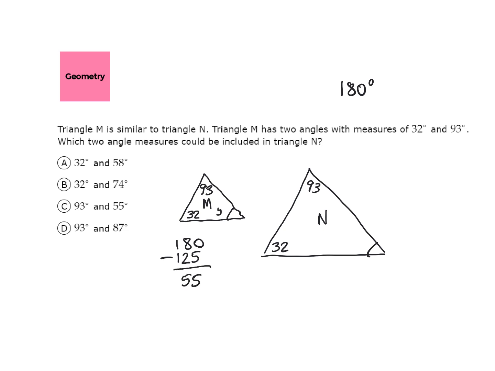So this third angle has to be 55. So now that I know the three angles of triangle N, because even though one's little and one's big, their angles stay the same, I'm just looking to see which one includes two of the three that I need. So choice C has both a 93 and a 55, which are both in N. Double check and make sure nothing else also works, and I would say it does not.